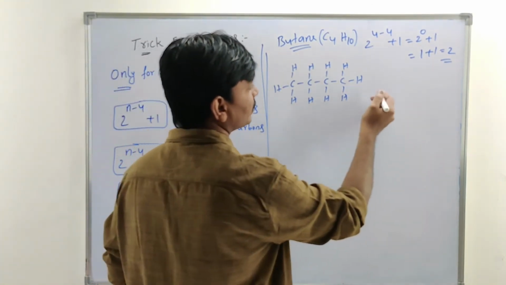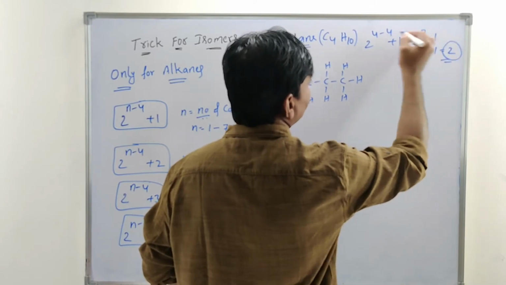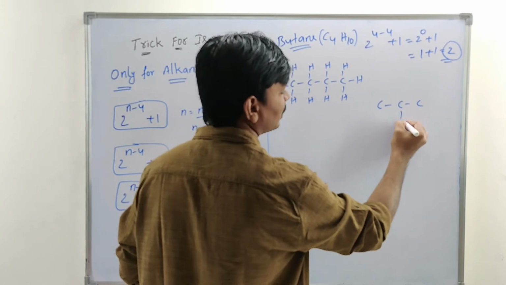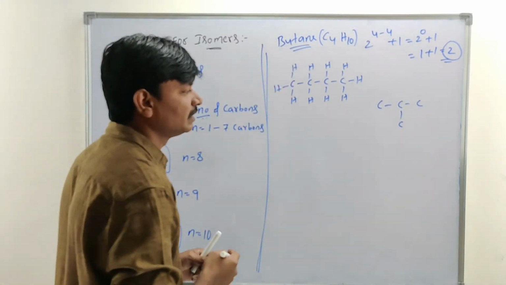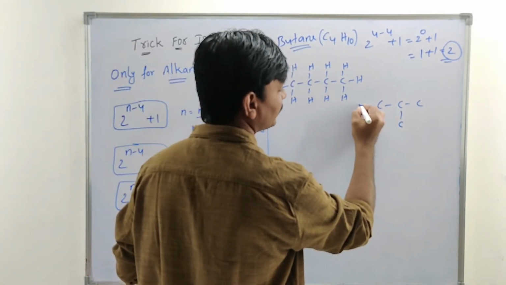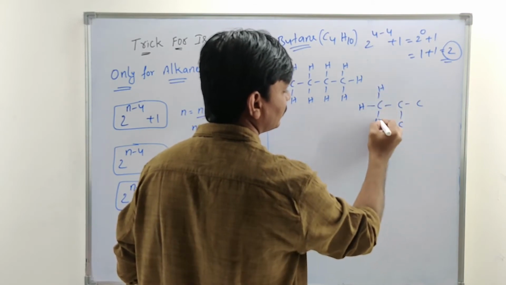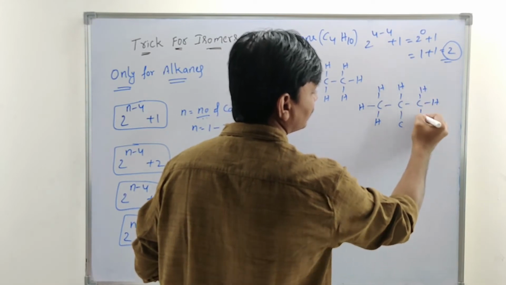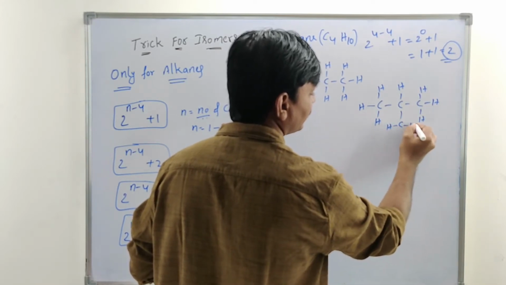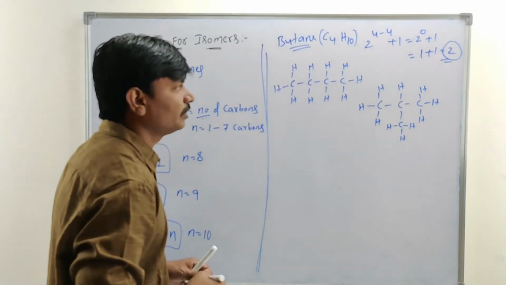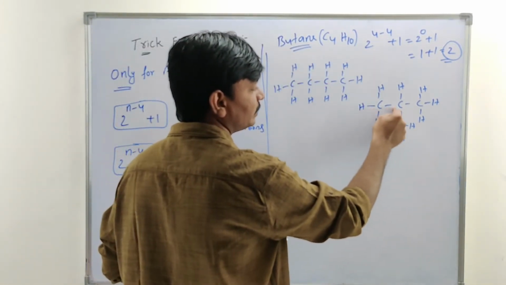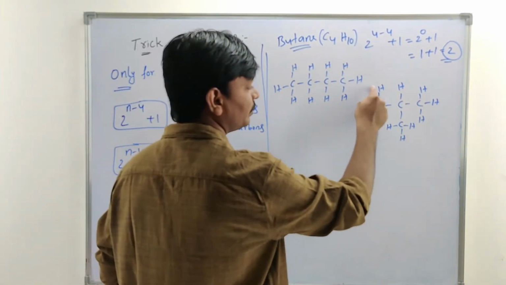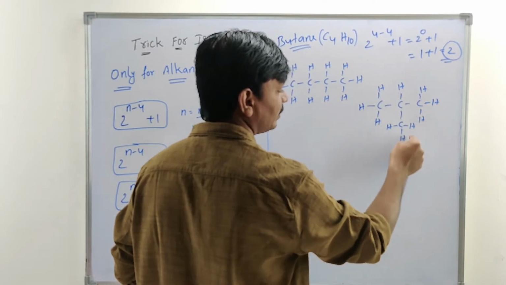Another isomer of butane has 3 carbons like this and the remaining carbon attached. Each carbon has 4 bonds, so hydrogen atoms fill the rest. Total 4 carbon atoms, 1, 2, 3, 4. Total hydrogen atoms equal 10.